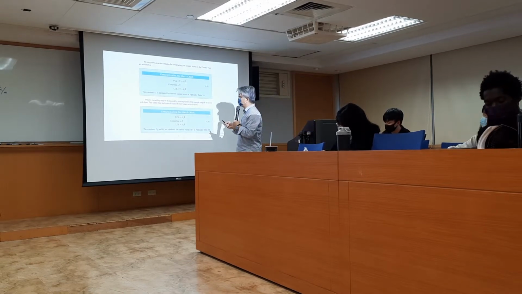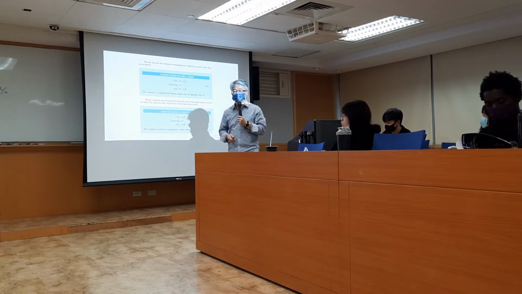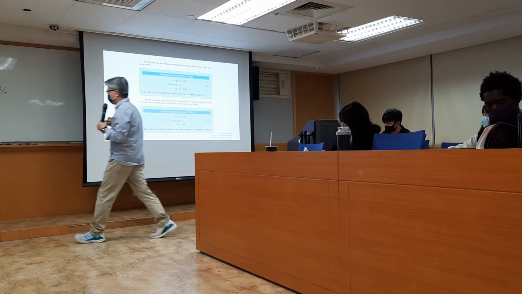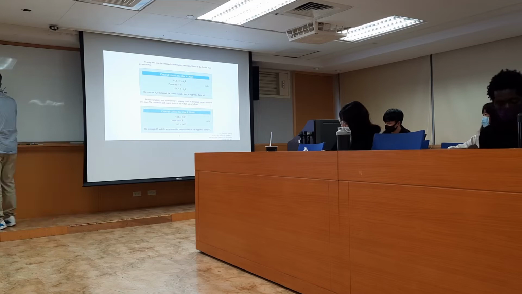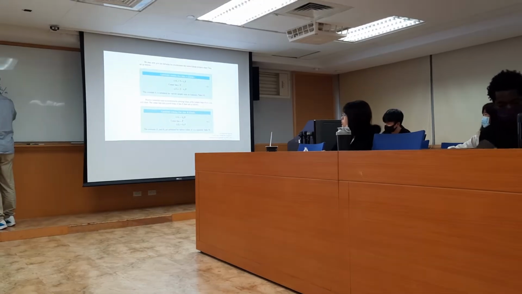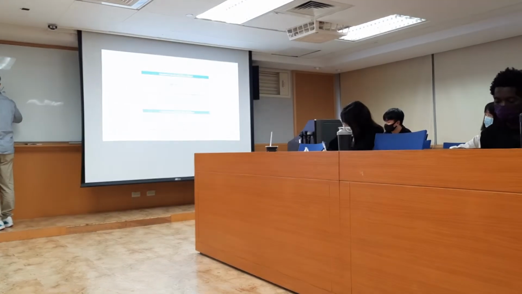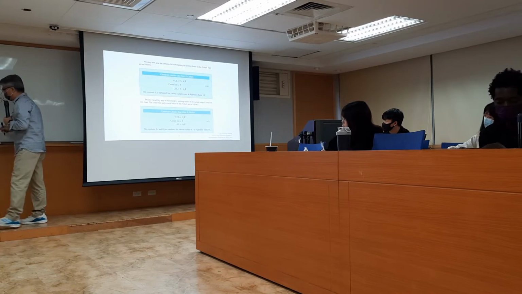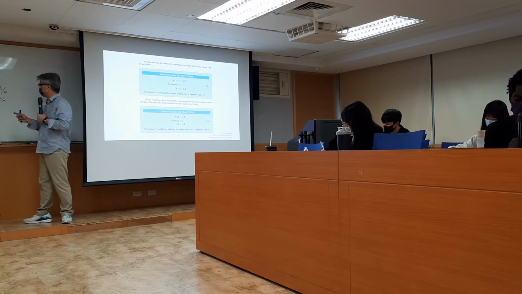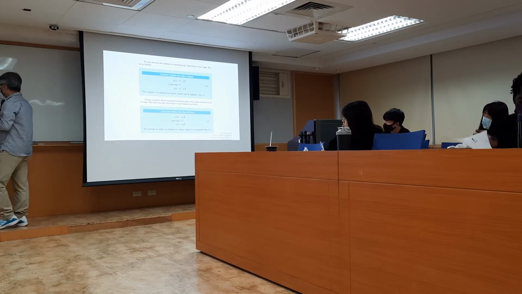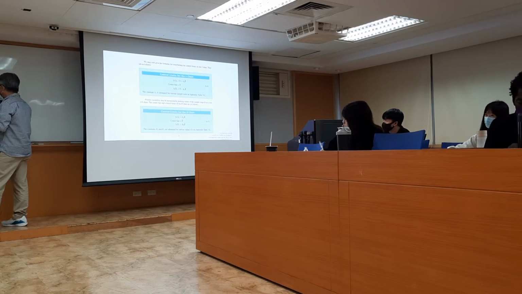X double bar. And R bar is the average of R, Ri for each sample, where i indicates the sample point. How many sample points?